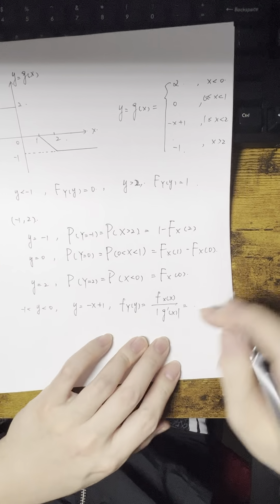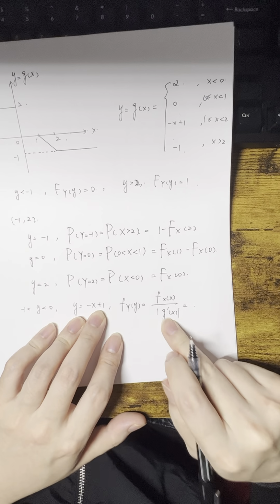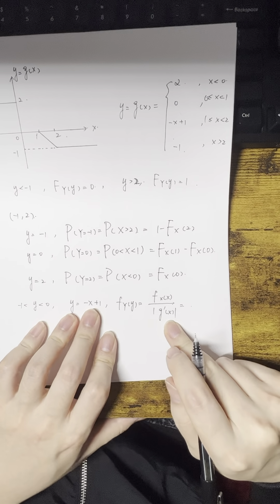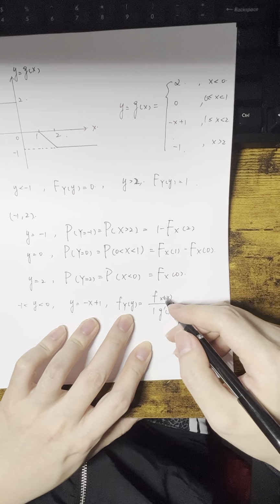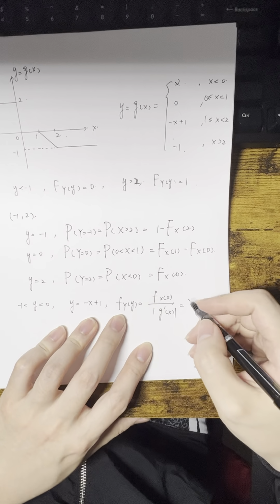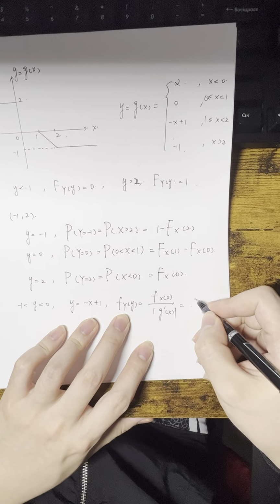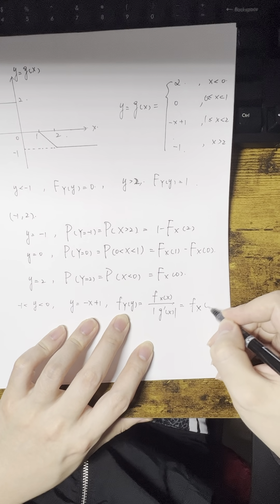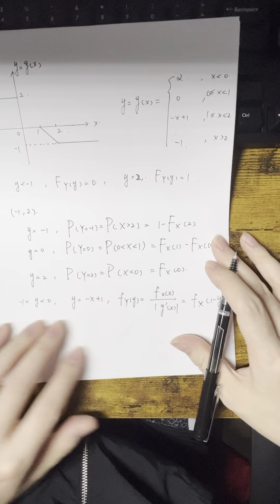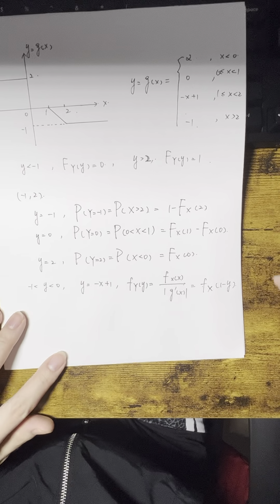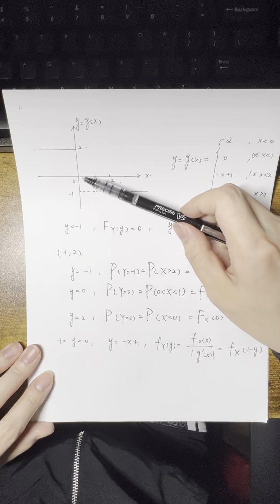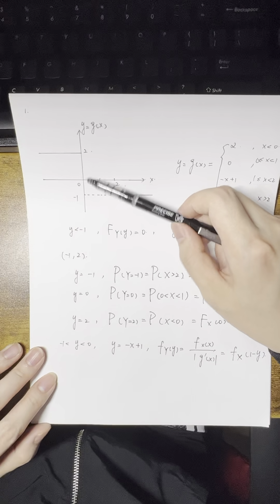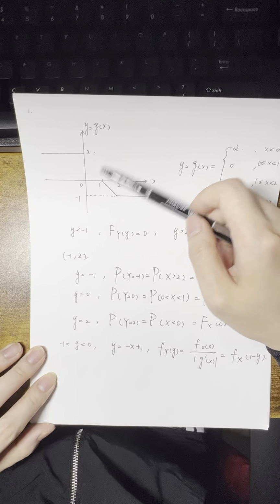This is the absolute value of minus 1, which is 1. So we just apply the formula, and it is equal to F_X(1 minus y). And when Y is between 0 and 2, it is a jump.